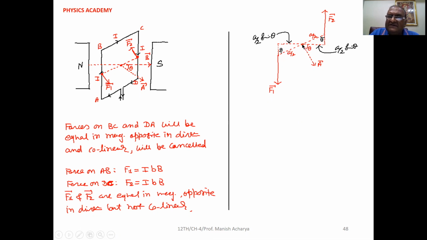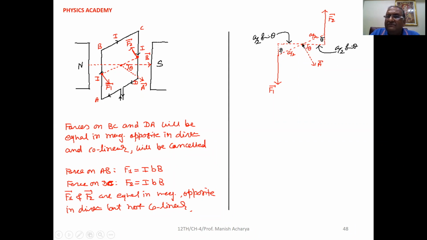So from the center, this portion is a by 2 and this particular portion is also a by 2. Now from the center of this one, the area vector is represented which is perpendicular to the plane, so perpendicular to this line, and it is making an angle theta with respect to this horizontal magnetic field. So this is the horizontal line. With respect to that, the angle is theta.